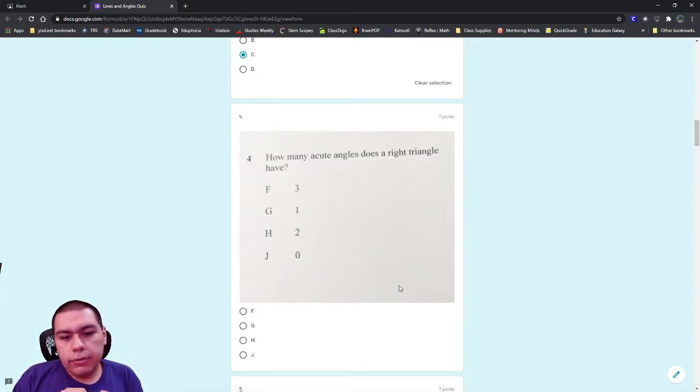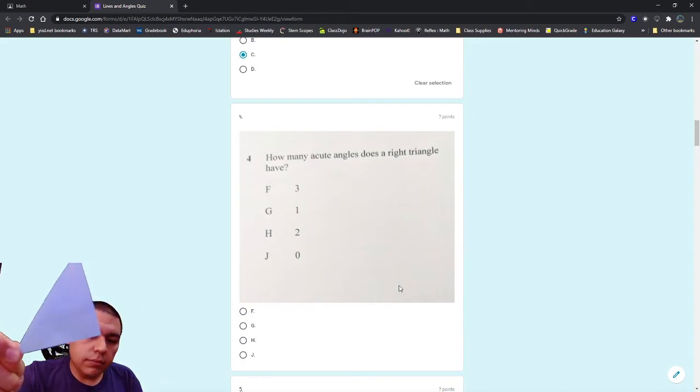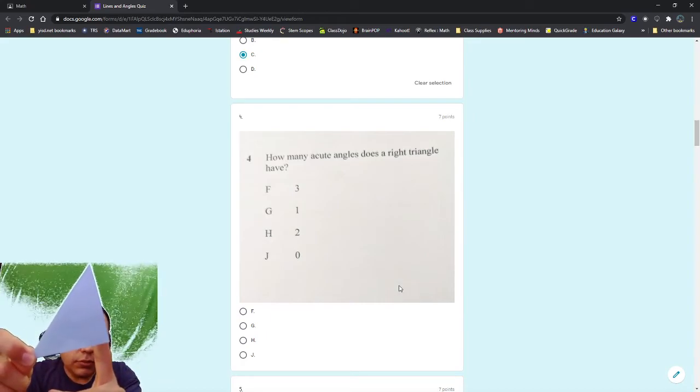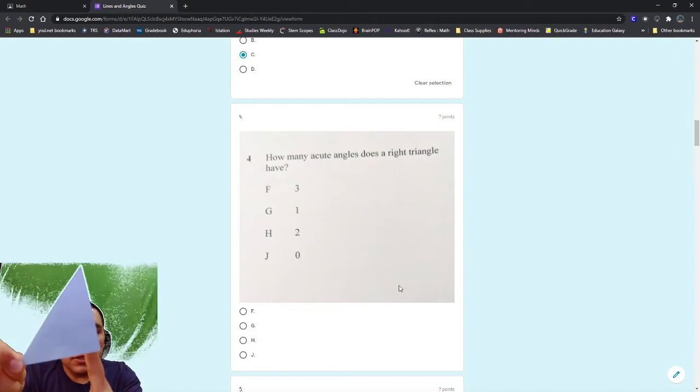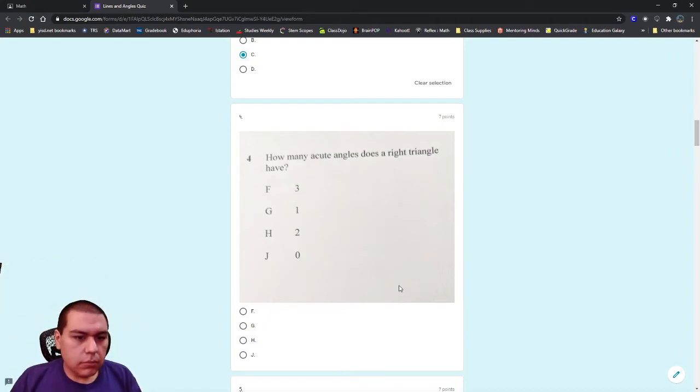What makes it a right triangle is that one of the angles in the triangle, one here, is a right angle. So a right triangle will always have one right angle. Just one. Can't have more.